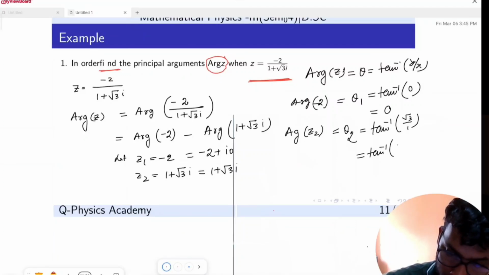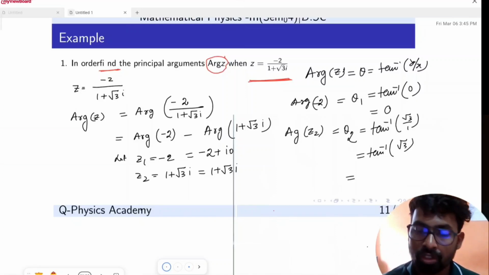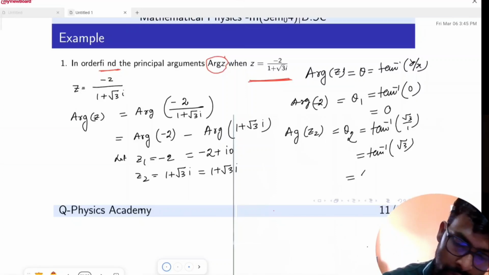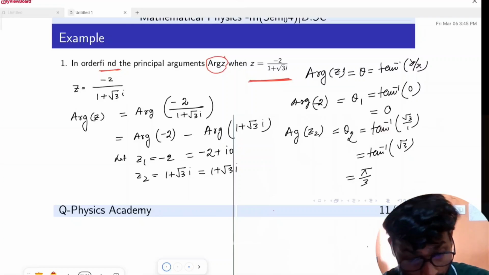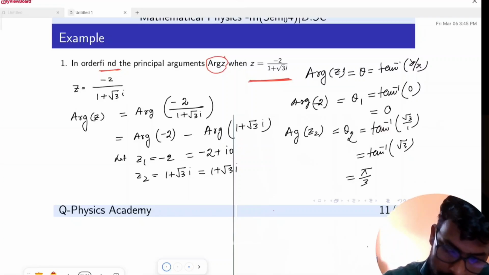So tan inverse root 3 is 60 degrees, and 60 degrees means pi by 3.